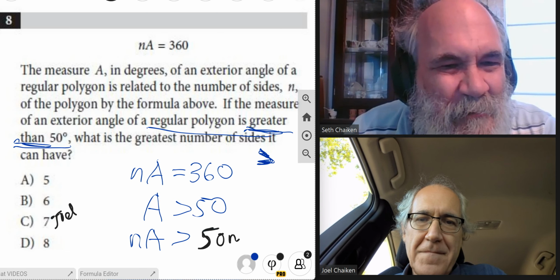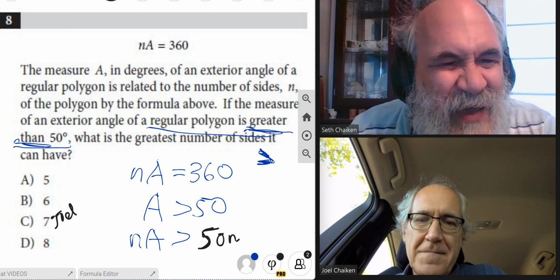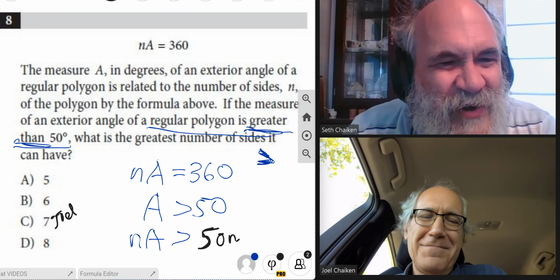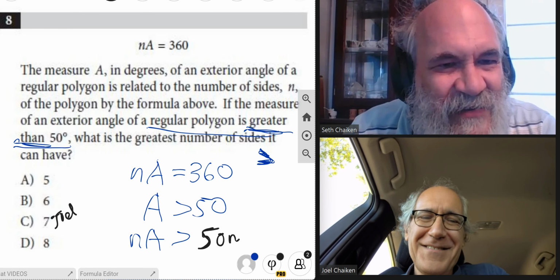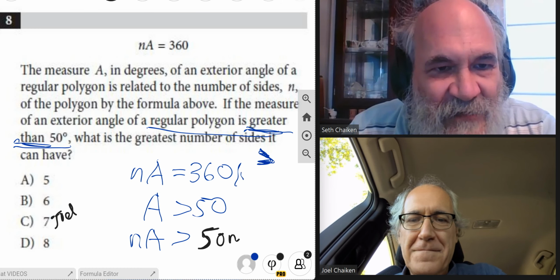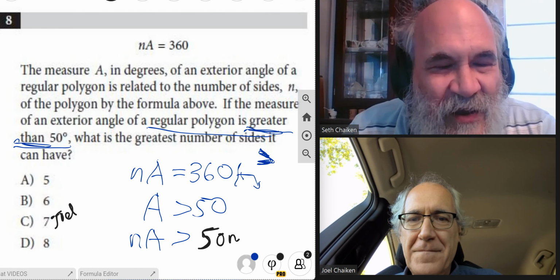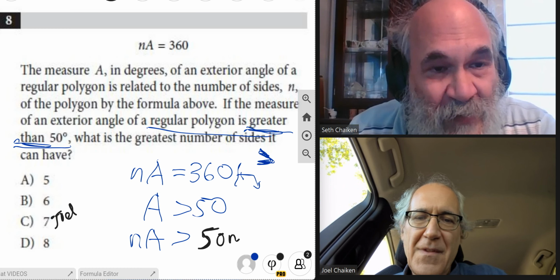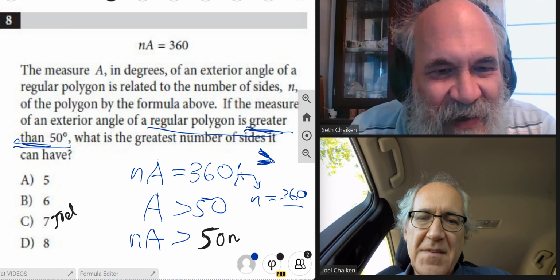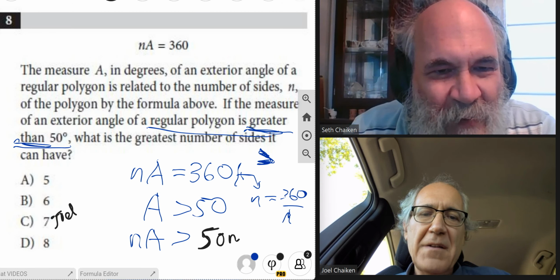Okay. But this is going in the wrong direction. So we're interested in the number of sides and something about the number of sides. So going back to the fact expressed by what they tell you, you could solve for N, and N is 360 divided by A. Right.